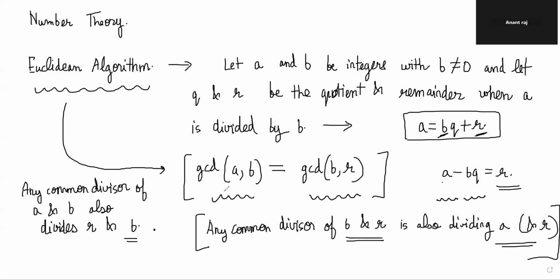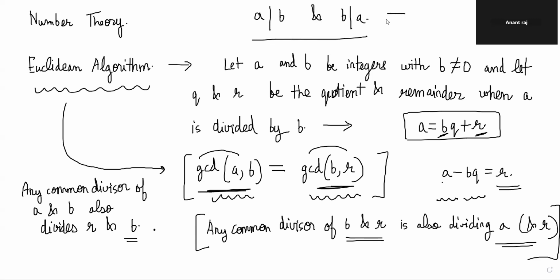So basically, you can say that these common divisors will divide each other, right? And since they are positive integers, if they divide each other, then they have to be equal. The way to prove equality in number theory is that you say A divides B and B divides A, that implies A is equal to B. We are using that property.